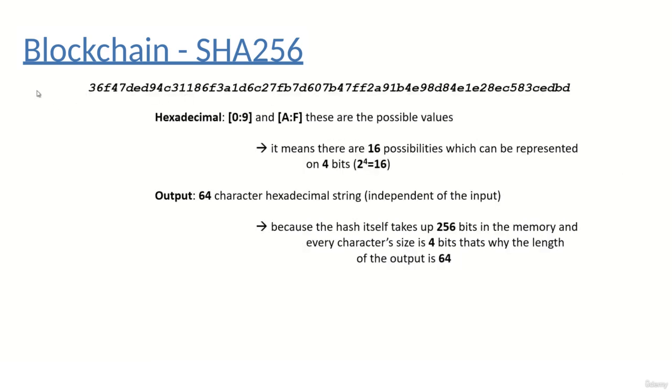If we have the input, it is extremely easy and fast to generate this 64-character long hexadecimal string, but if we have the hexadecimal string, we are not able to reverse engineer the original input.